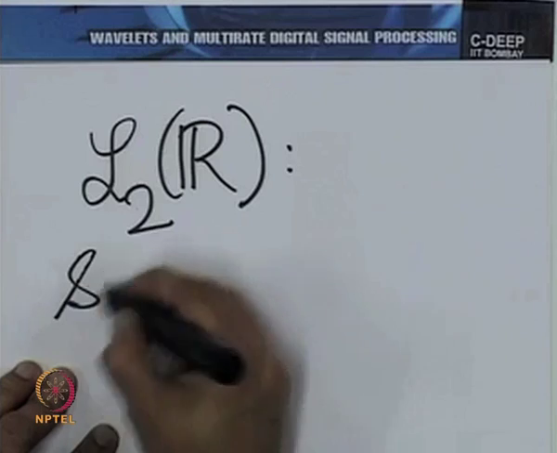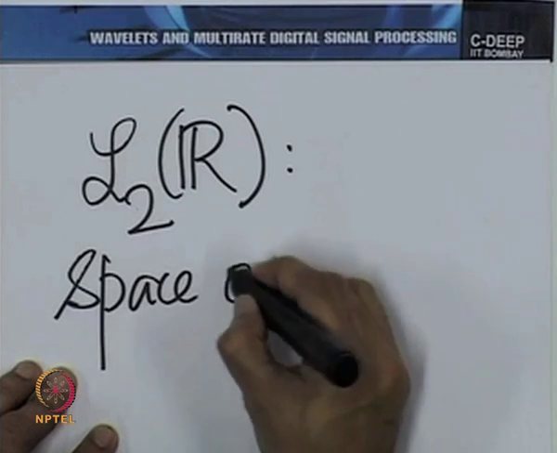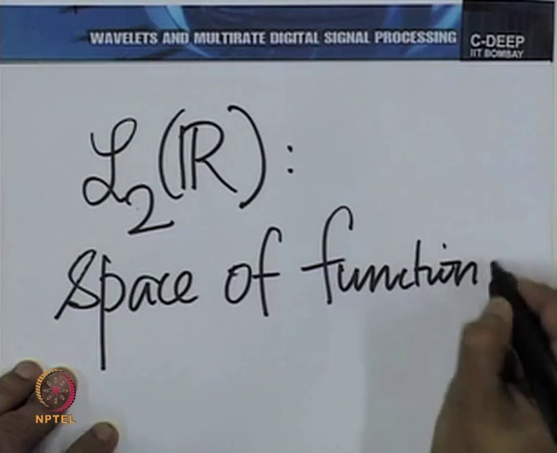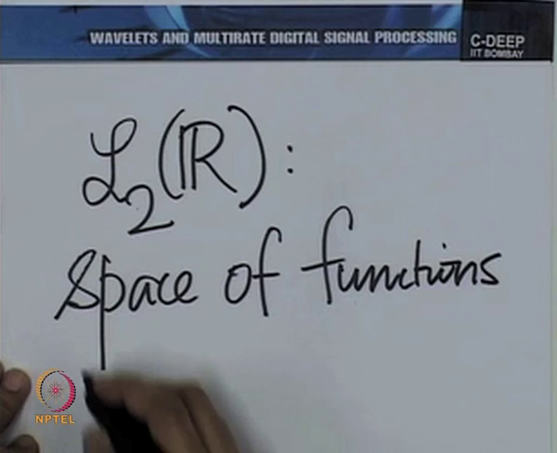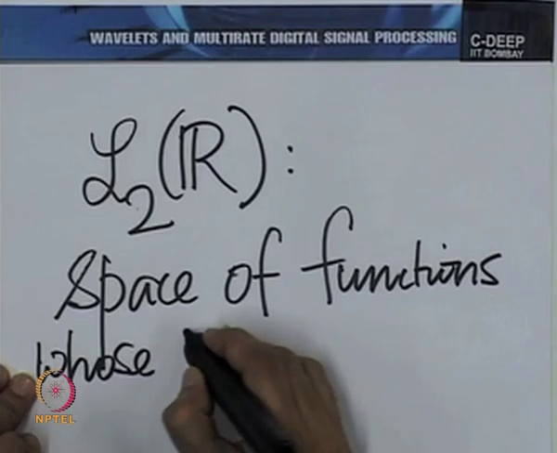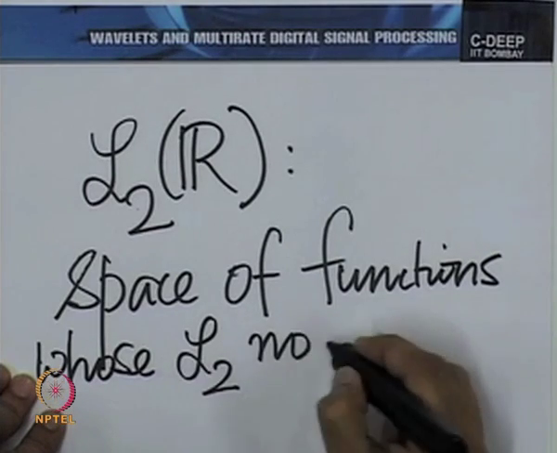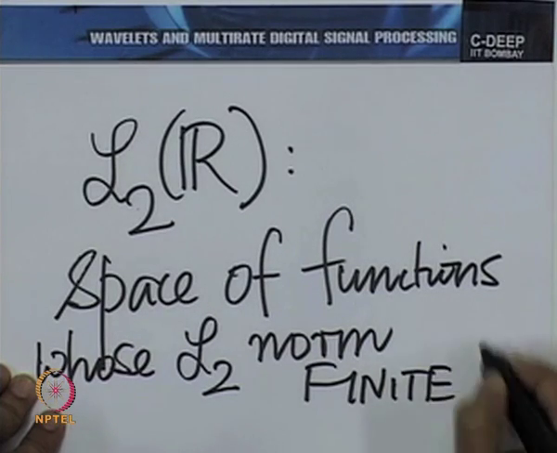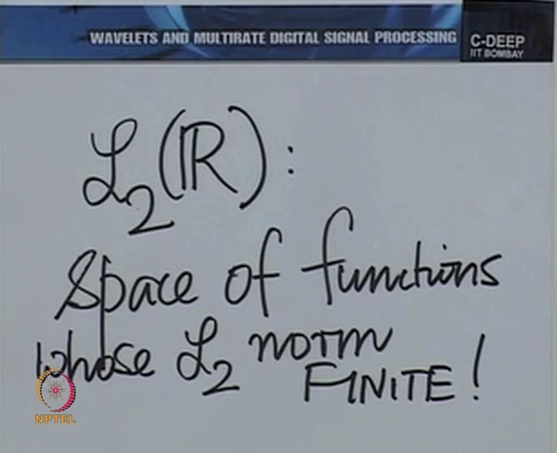It is a space of functions whose L2 norm is finite. Simple. Similarly, you could have the space LP. The space LP is the set of all functions whose LP norm is finite.